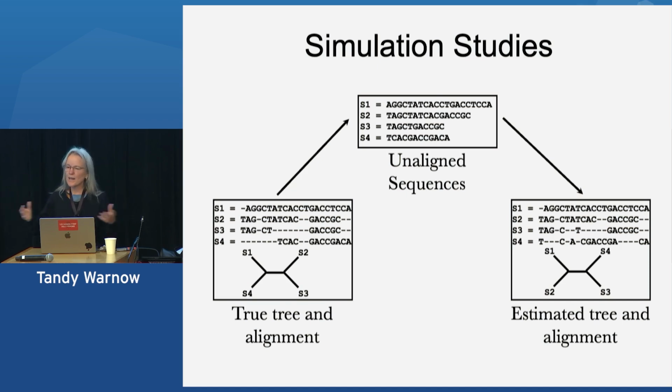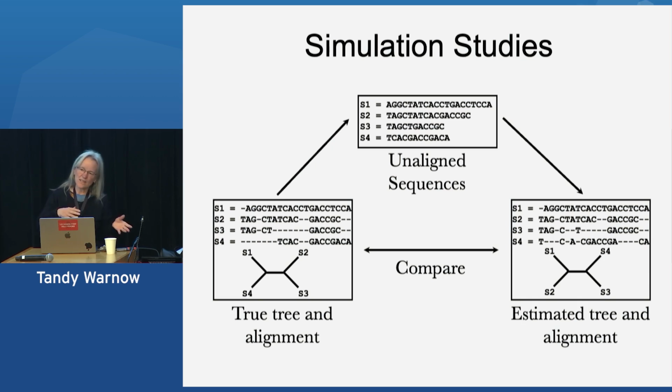And now you can compare them, and you can quantify the error. When you compare an estimated tree to the true tree, you can quantify the error. The estimated alignment to the true alignment, you can quantify the error. And this allows you to explore what happens under different model conditions. Slow rates of evolution, high rates of evolution, lots of indels, fewer indels, large trees, small trees, whatever.